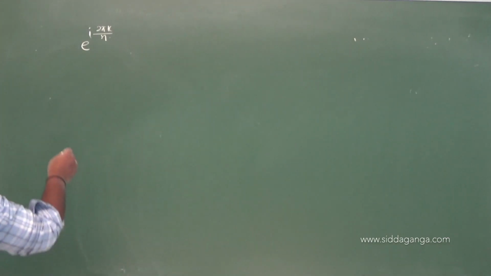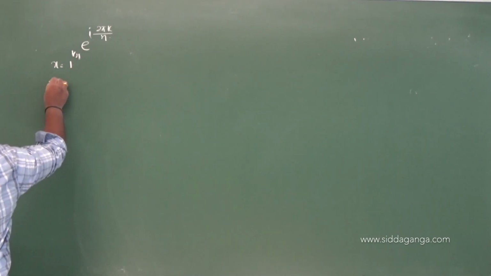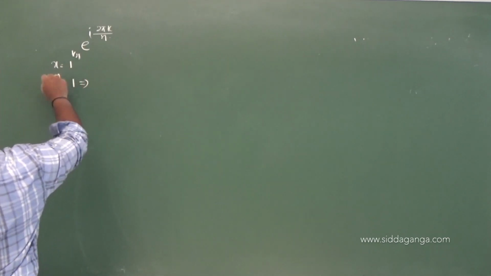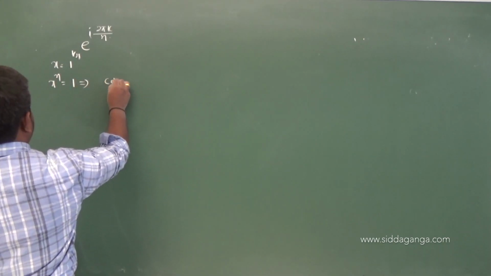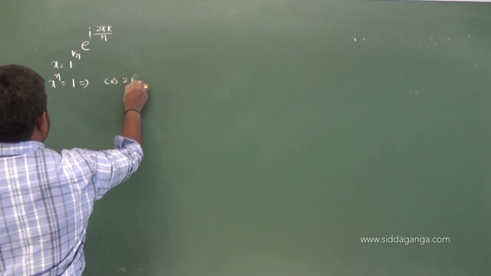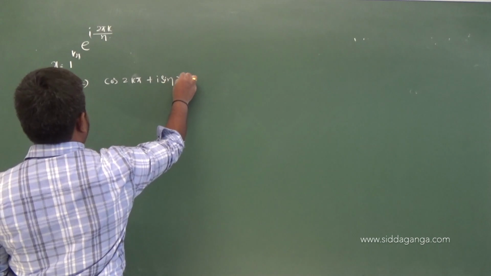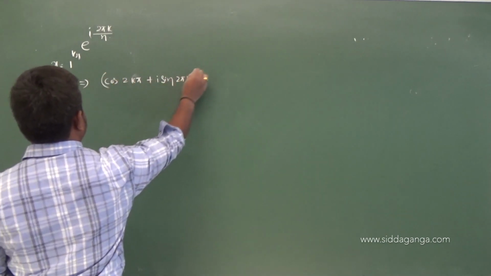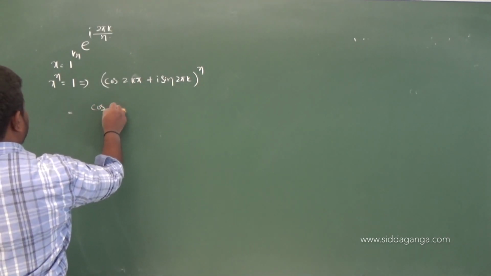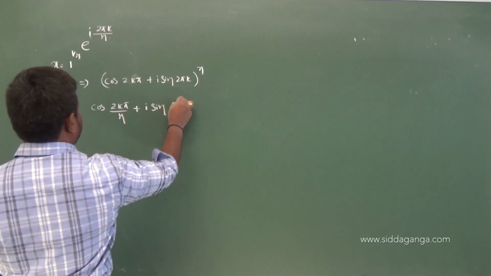For nth root of unity, I may get x is equal to 1 power of 1 by n, that is, x power of n is equal to 1. This gives what? x is cos 2k pi plus i sin 2k pi whole power of 1 by n. So using De Moivre's theorem, this becomes cos 2k pi by n plus i sin 2k pi by n.